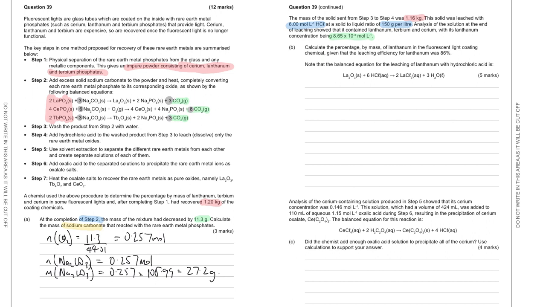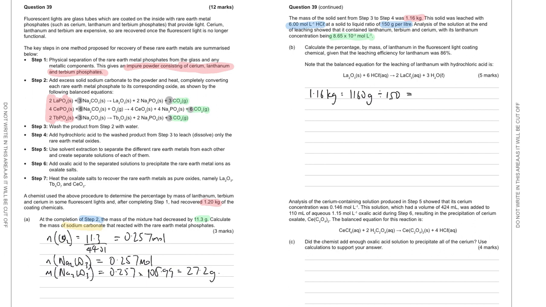So with the solid to liquid ratio, you've got 1.16 kilograms, and for every 150 grams you're going to put in 1 liter. So you can work out 1.16 kilograms, which is equal to 1160 grams, and then divide that by 150, which equals the liters that you'll add in there.